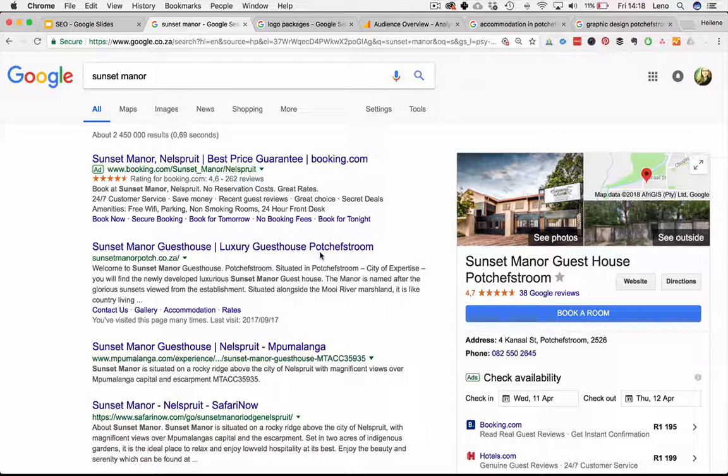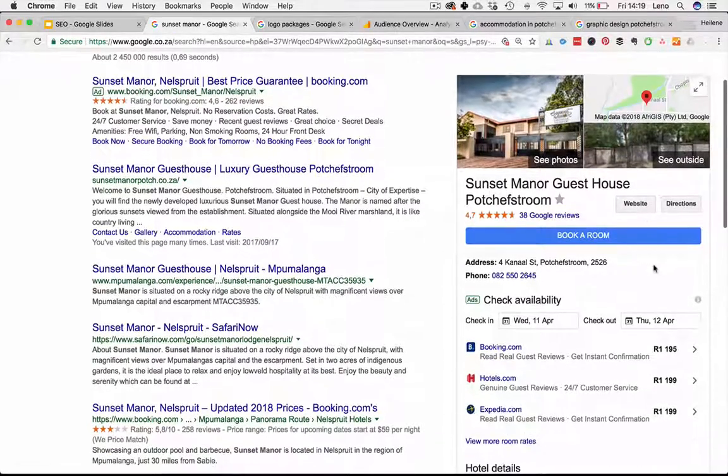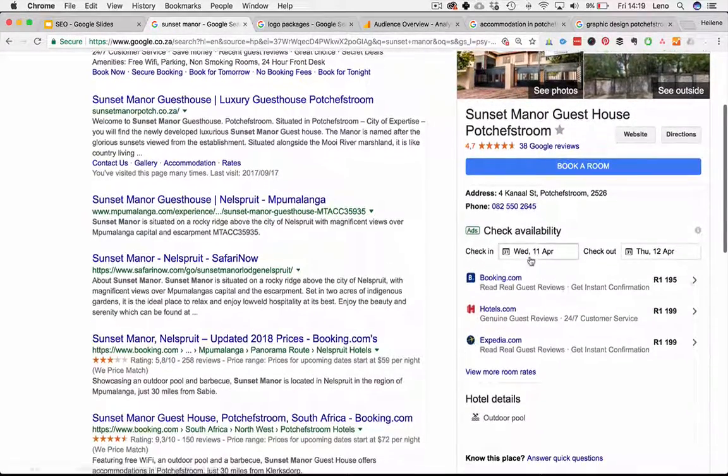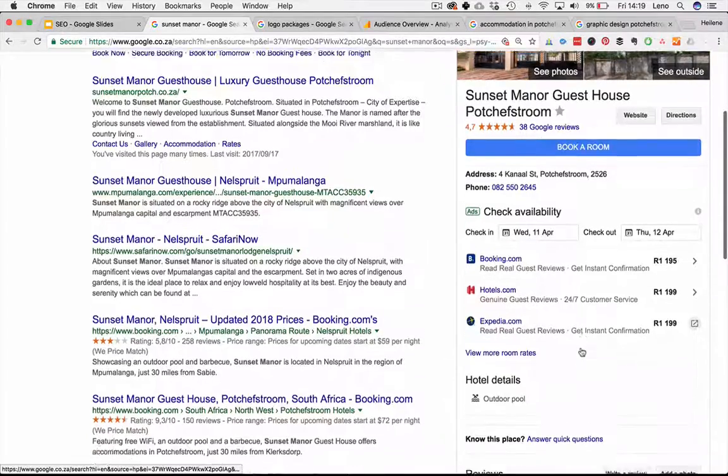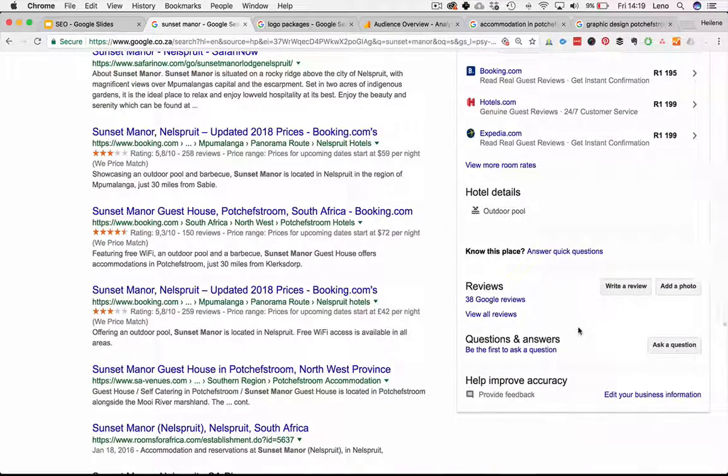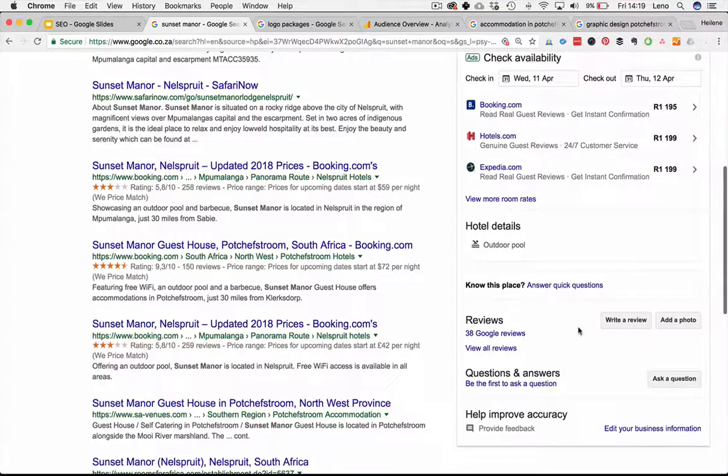First, in this search, you'll see a business page. In this business page, you can see some photos, and the outside. This is something that Google Maps indexes: where it is in Potchefstroom, how many reviews it has, phone number, availability on bookings, hotels, Expedia, and all kinds of interesting stuff.